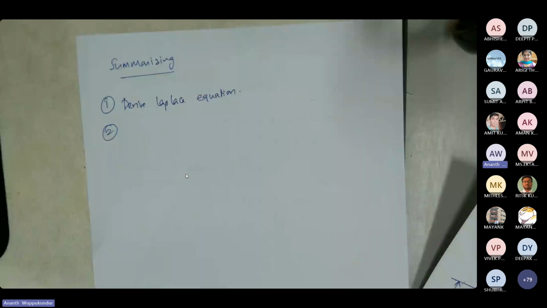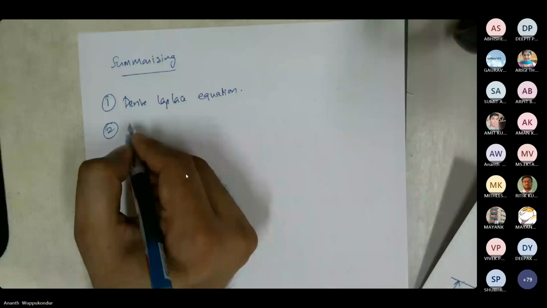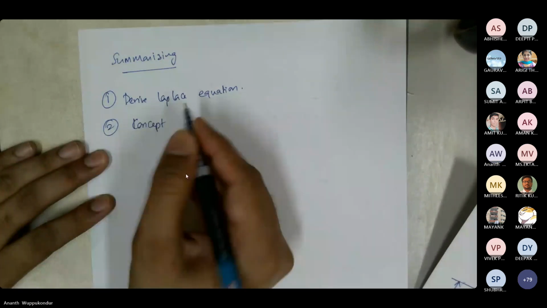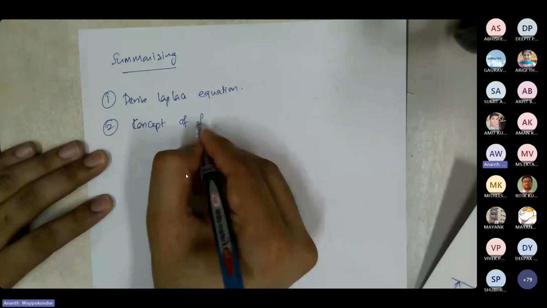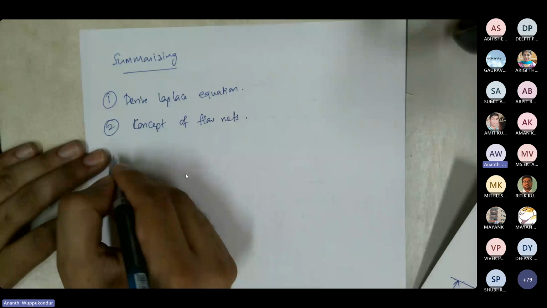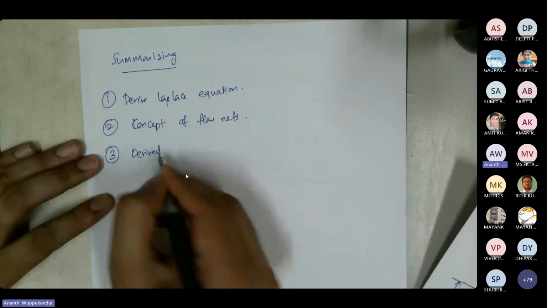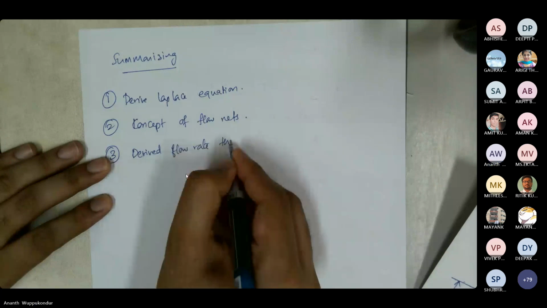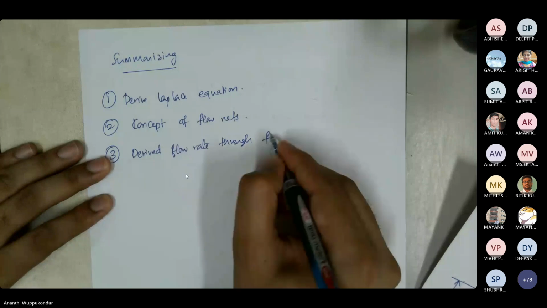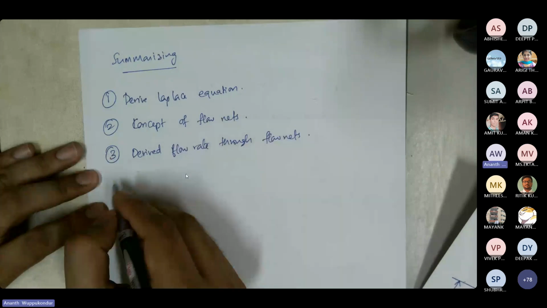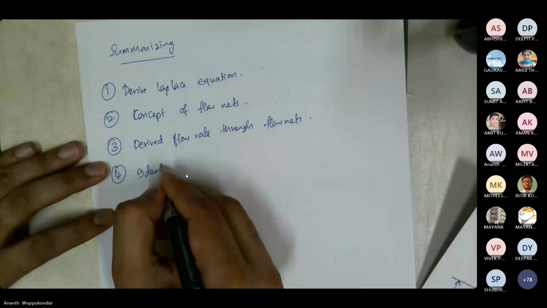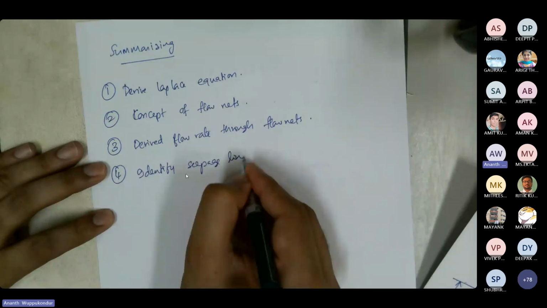Once we derived the Laplace equation, we learned the concept of flow nets, and then we derived flow rate through flow nets. And then we identified the seepage line using Casagrande's method.